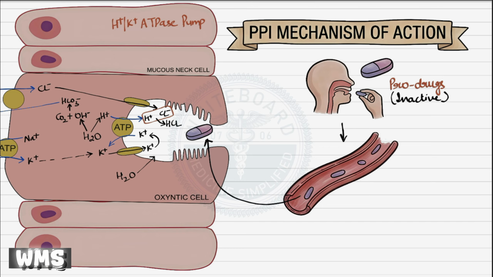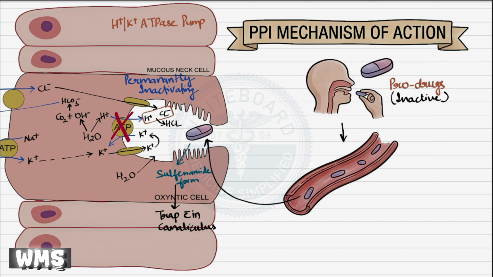Then, inside this acidic environment, the drug becomes activated and gets converted into its active sulfonamide form, which essentially becomes trapped within the canaliculus. Subsequently, this activated form binds covalently and irreversibly to the hydrogen-potassium ATPase proton pump, thereby permanently inactivating that particular pump molecule.